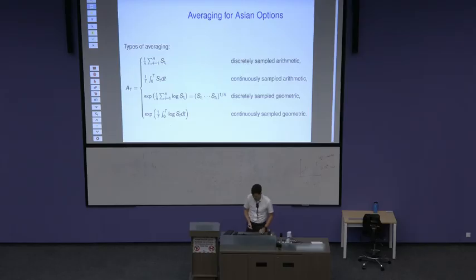Okay, that's discretely sampled arithmetic averaging. And what you should have in mind for this is that you really have some times, t1, t2, and so on, until tn. And the difference between ti plus 1 and ti is constant.